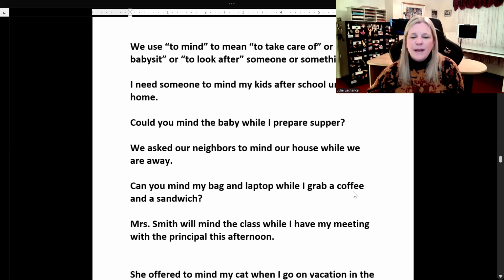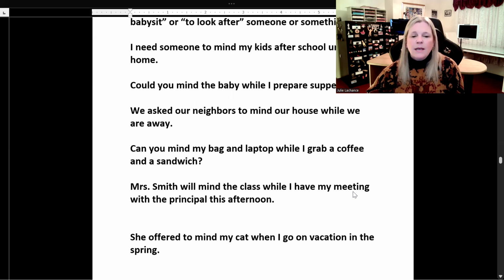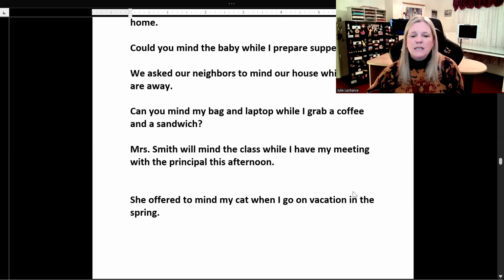We asked our neighbors to mind our house while we are away. Can you mind my bag and laptop while I grab a coffee and a sandwich? Mrs. Smith will mind the class while I have my meeting with the principal this afternoon.